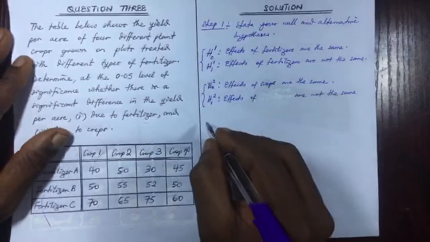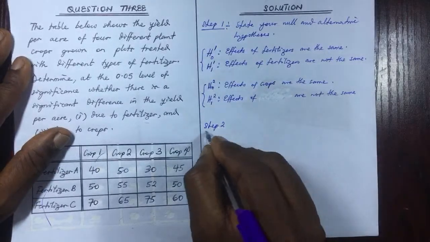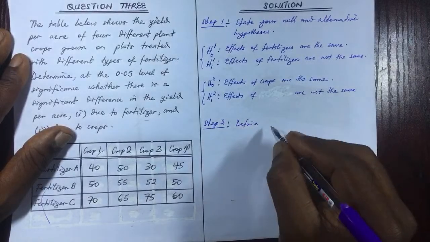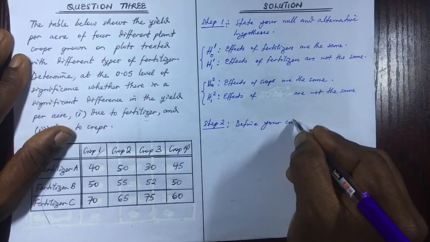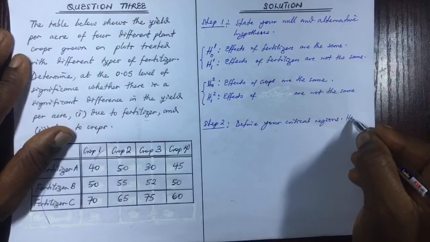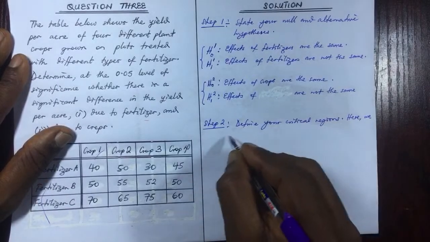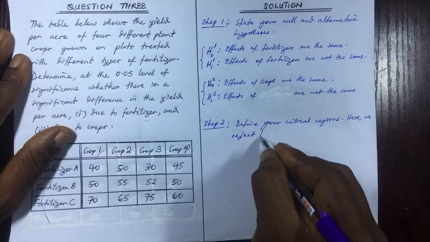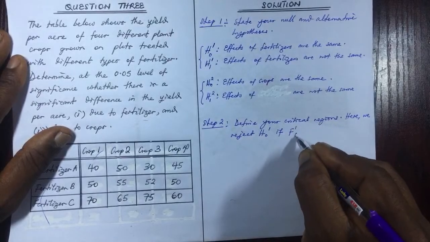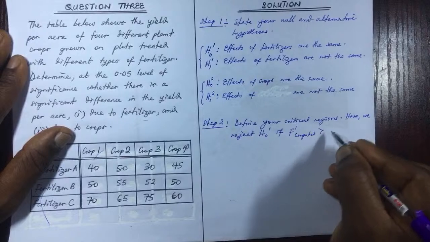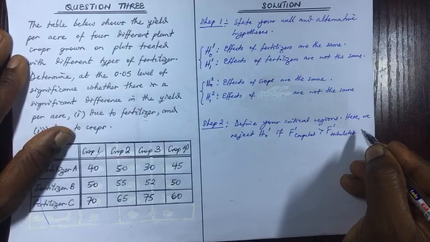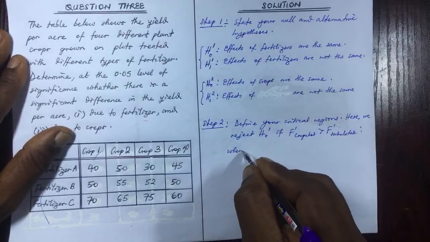So that was step 1. I will move over to step 2. What do you do in step 2? Like we did earlier for the one-way ANOVA problems, you would define your critical region. Here, please take note. We are to reject H01 if F1 computed is greater than F1 tabulated.